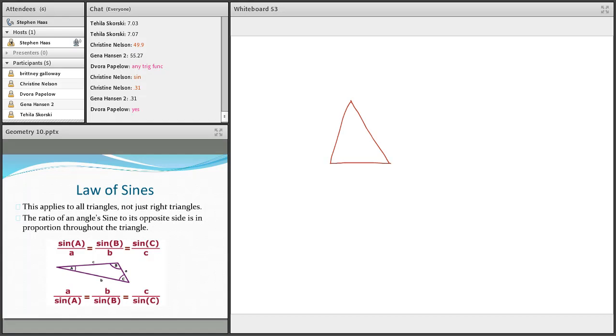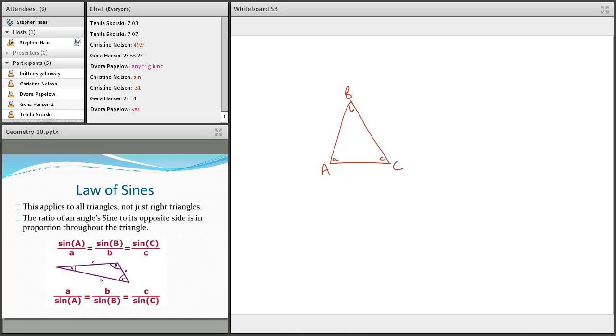So let's say this is angle A, and this is side A, this is side B, this is side C, so we'll call this angle B and we'll call this angle C. So the ratio of the sine of an angle to its opposite side is the same for every side of the triangle.